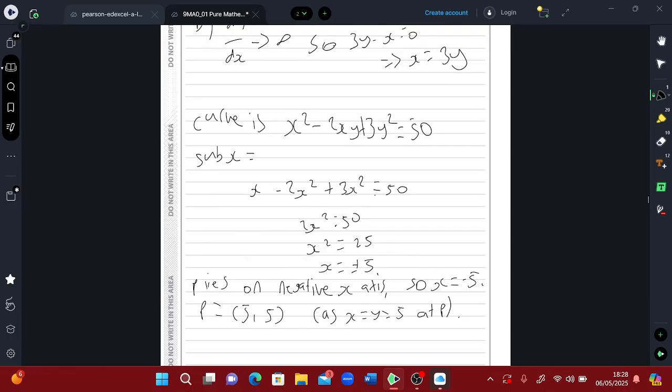So instead we want a 3y, not just y. So we have x squared minus 2x times 3y, that'd be minus 6x squared, plus 3y squared. 3 times 9 x squared, which should be 27x squared, I believe. Yep, and that equals 50.